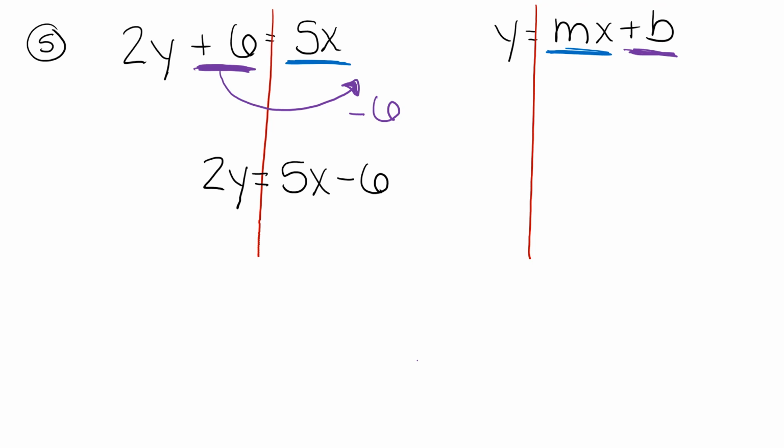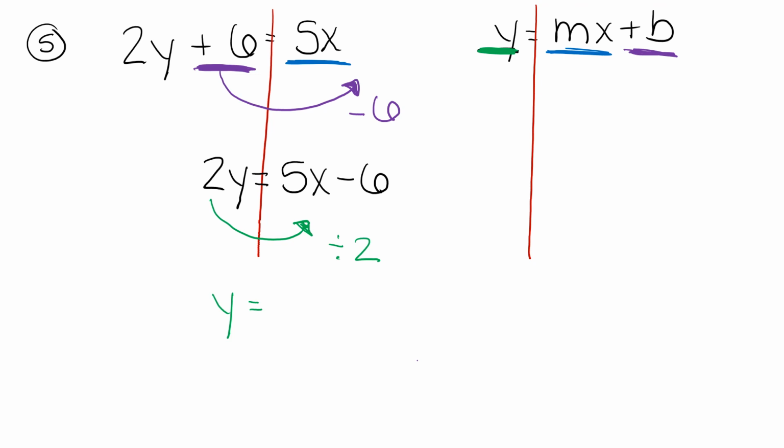Now, we're still not done because the y value cannot have any number with it. Y is completely by itself. So that means that we need to get rid of the 2. The 2 and the y side by side mean multiply, so we do the opposite, we divide. Now, we cannot do 5 divided by 2 evenly.